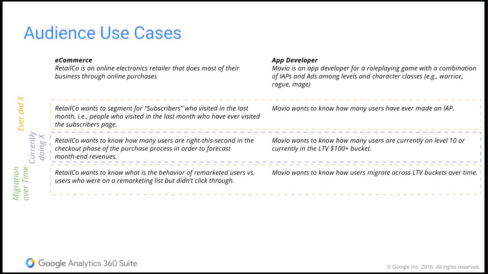So thinking about the left-hand side, an e-commerce company, where we have a lot of online purchasers. A really common use case is to say, I want to know who are the people that have ever subscribed to my email list, who visited my site in the last month.